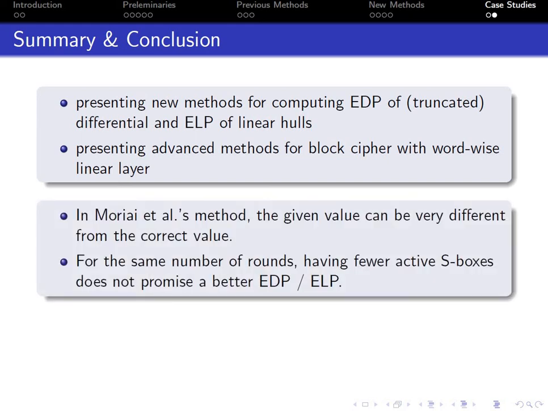We showed that Moriai et al.'s method, even though it is very fast and very efficient, can give a value very different from the correct value. We also showed that for the same number of rounds, having a fewer number of active S-boxes doesn't promise better expected differential probability or expected linear potential.